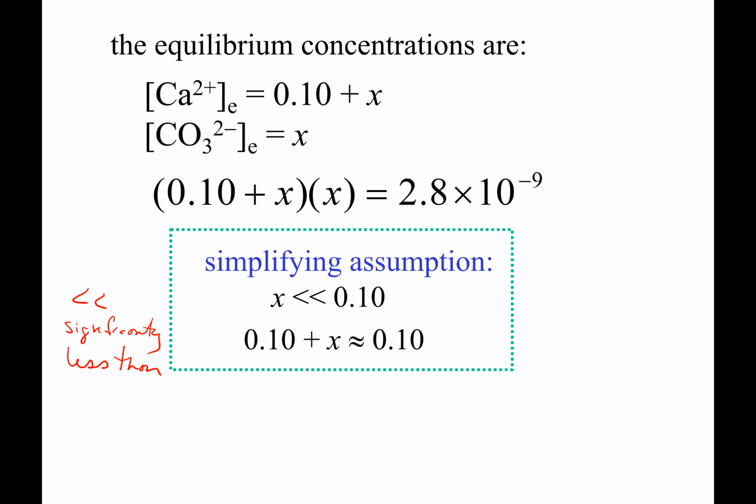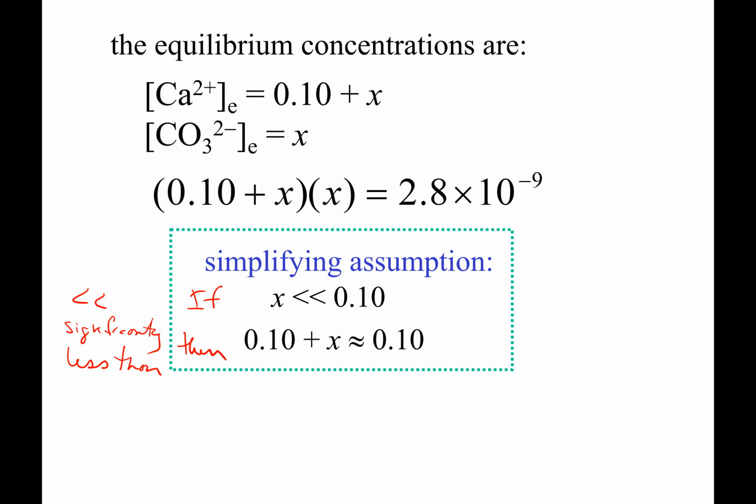To use it, you have to show, I think in my notes I might say something like, if X is significantly less than, double less than 0.10, then 0.10 plus X is approximately equal to 0.10.